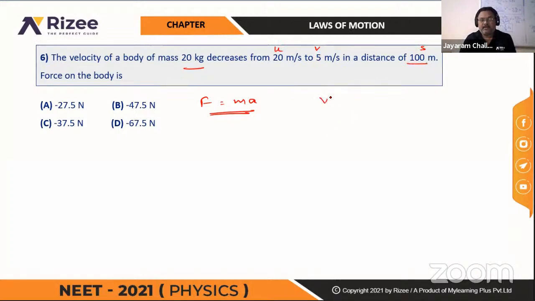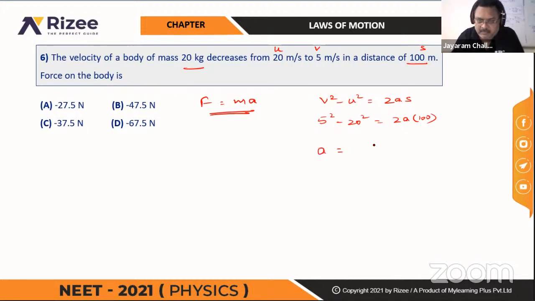So we can go for the equation v square minus u square is equal to 2as. V square will be 5 square minus 20 square is equal to 2 into acceleration into 100. So from this, acceleration a is equal to minus 25 minus 400, so minus 375 by 200.